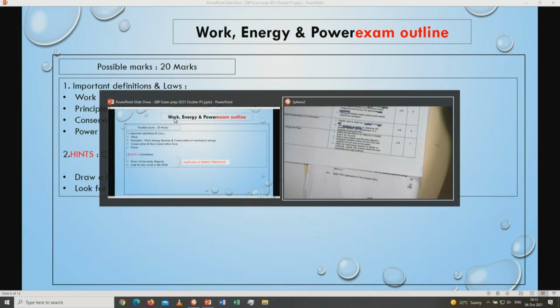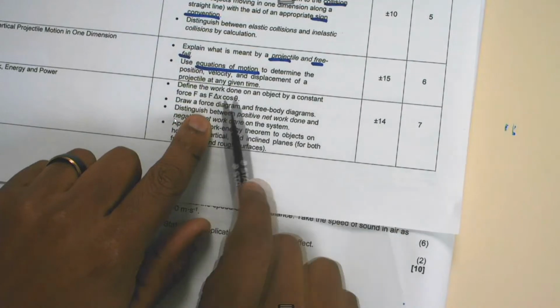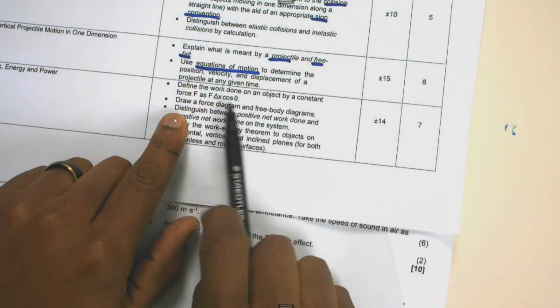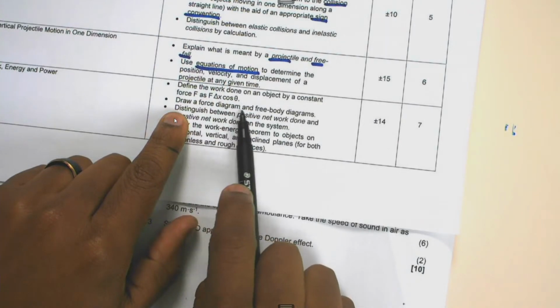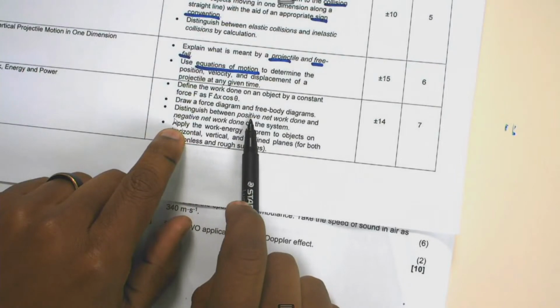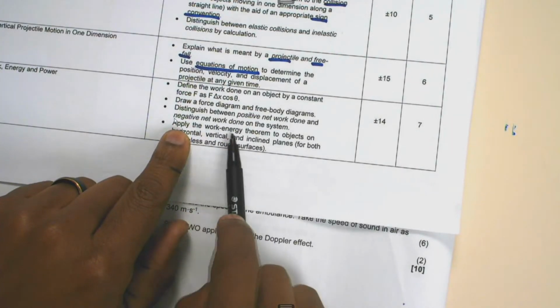So those are my achievables in this particular chapter or topic, because it says here I should be able to define work done on an object by a constant force, should be able to draw a force diagram or a free body diagram, distinguish between positive net work and negative net work, and then apply the work energy theorem.